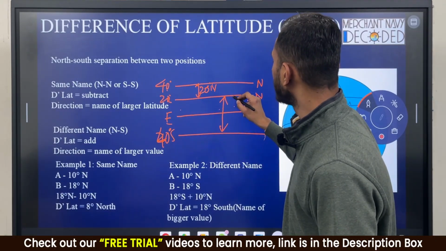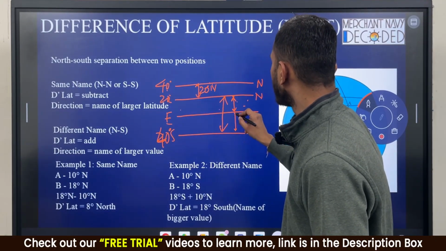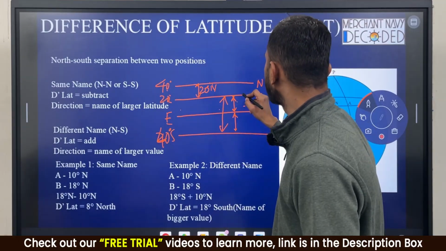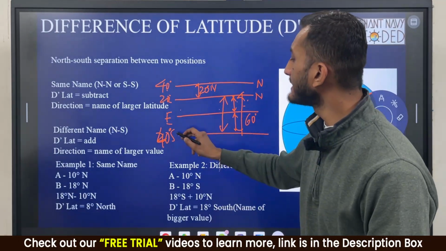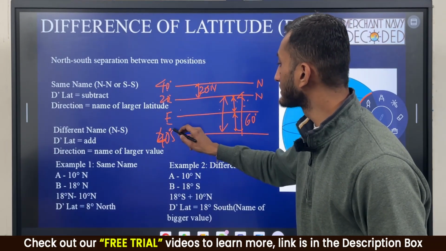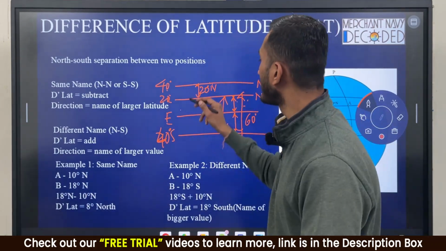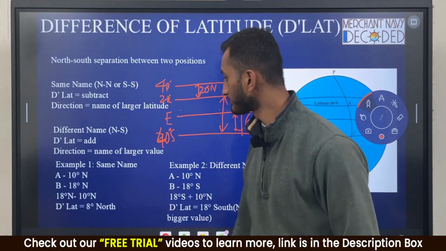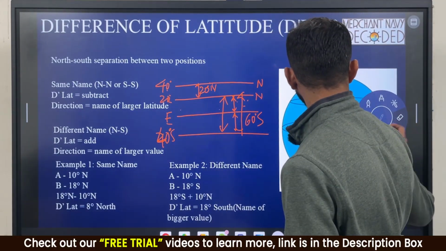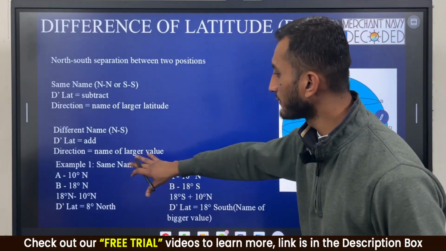We'll add: this is 20, this is 40, 40 plus 20. Now this difference becomes 60 degrees, and since the southern one is higher than the northern one, it will be 60 degree south. You can see from the example.